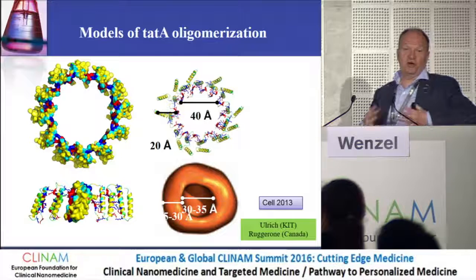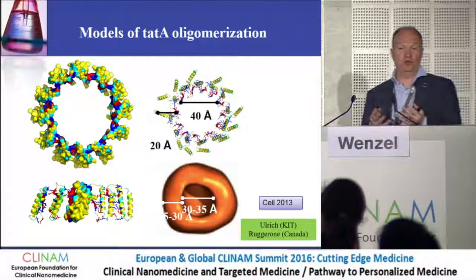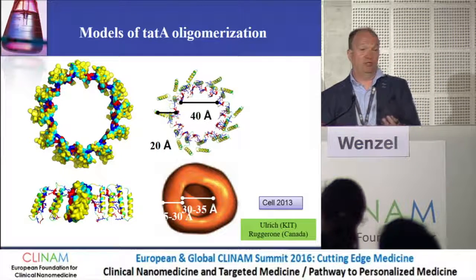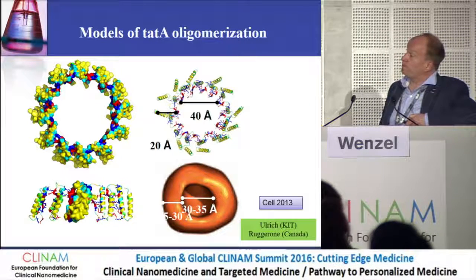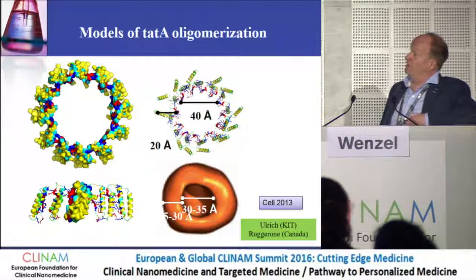Most of them just fell apart, simply because the salt bridges are not compatible with any structure in the membrane. But there were a few cases where we could actually assemble a complex. These complexes then matched with what is known from cryo-EM.